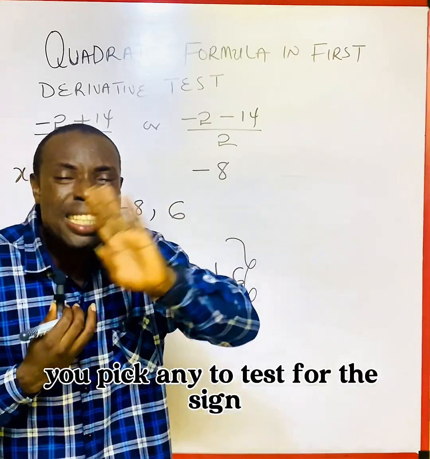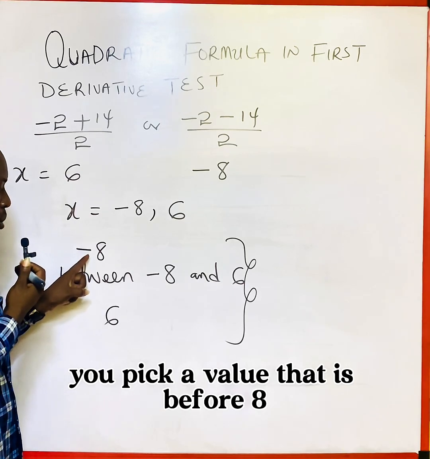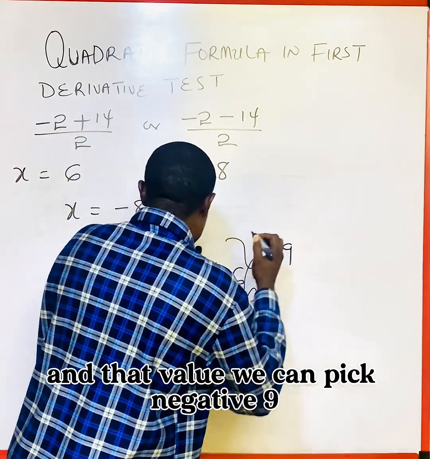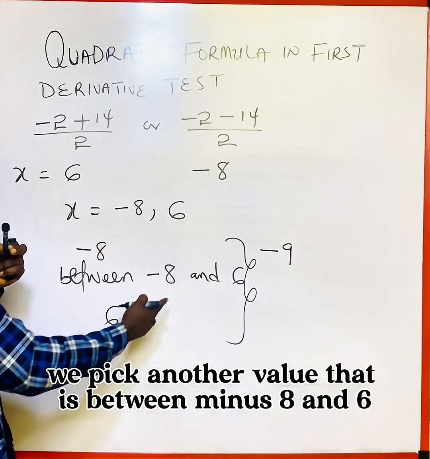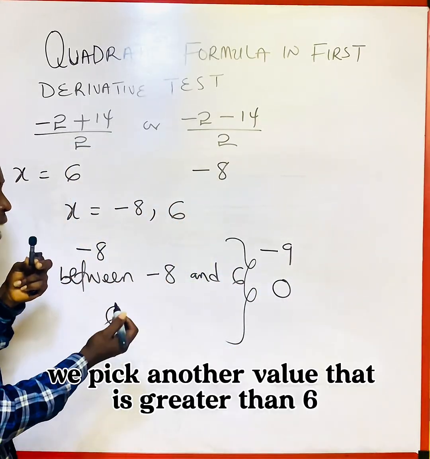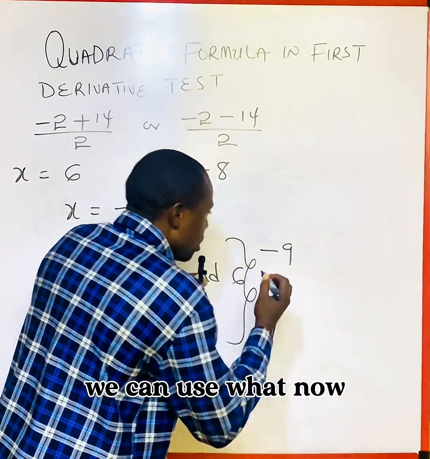You pick any value to test for the sign. For the region before negative 8, we can pick negative 9. We pick another value between negative 8 and 6, which we can pick 0. We pick another value that is greater than 6, we can use 7.